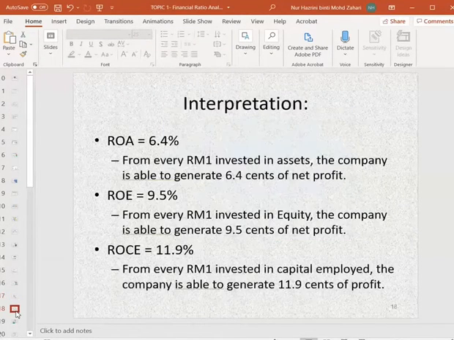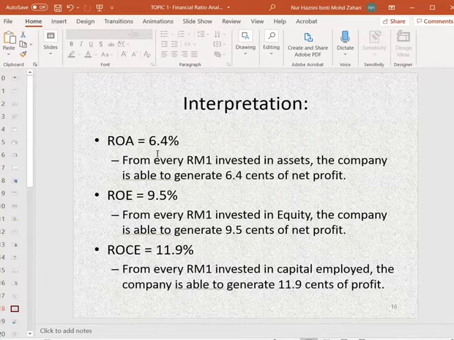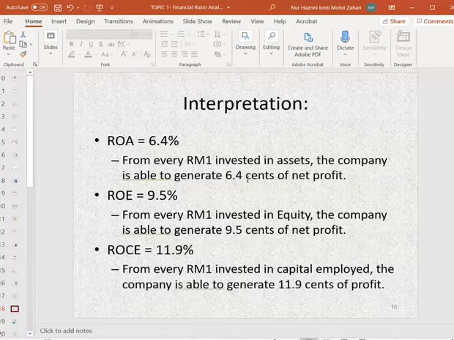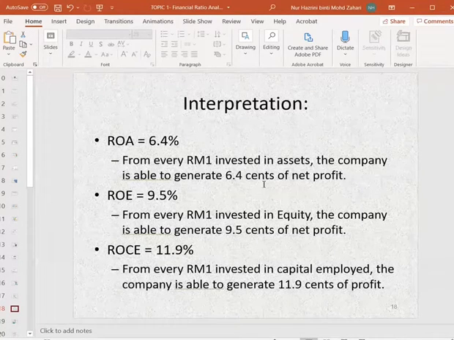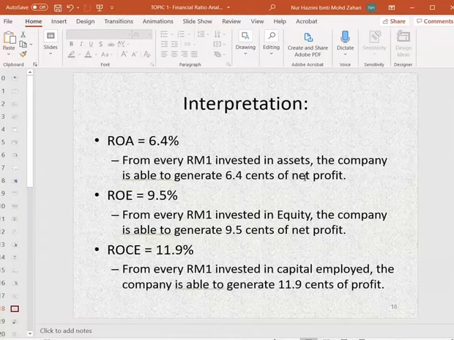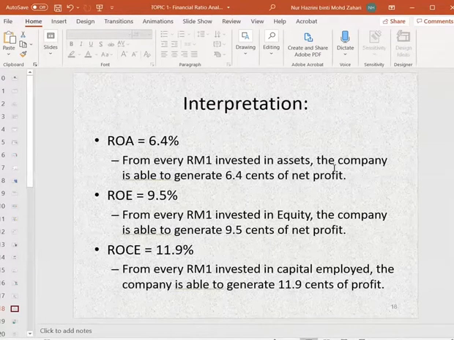Let's see how we interpret this. For return on asset, we get 6.4. From every 1 ringgit invested in asset, the company is able to generate 6.4 cents of net profit. For this one, the higher the better. If you have another company that can generate 8 cents from 1 ringgit, then that company is better.